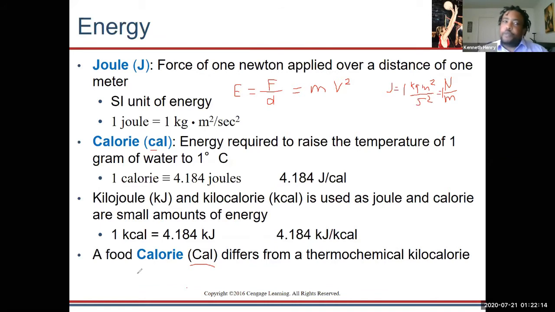And you want to distinguish between that. So 1 food Calorie is equal to 1 kilocalorie, or it's equal to 1,000 small c calories.